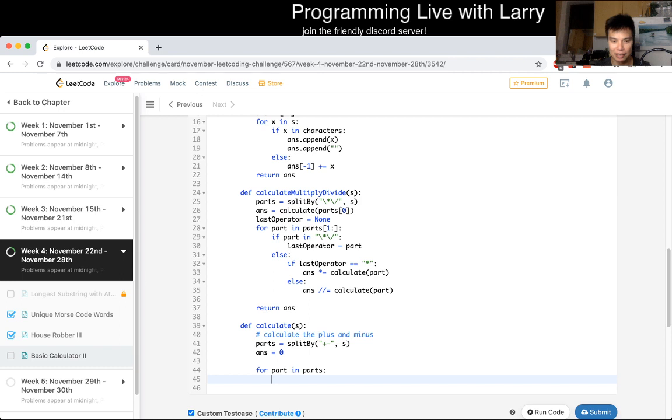we can set the last operator is equal to plus, just because by default.